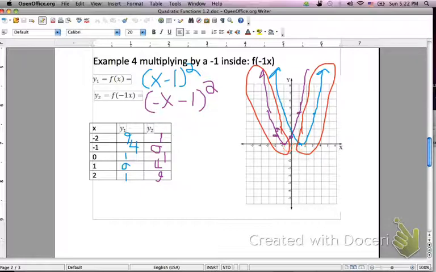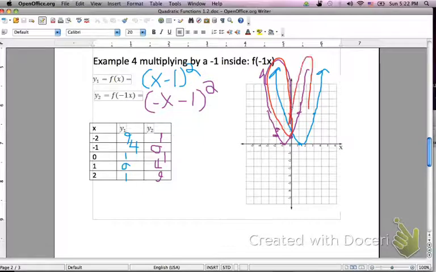We could do the same thing with these interior parts. If I folded this, and you could try this, this little blue part would be directly on top of this little purple part if I folded it across the y-axis. So even though they're both shifted to the left and right of the y-axis, if you folded your y-axis, both functions would be directly on top of each other.